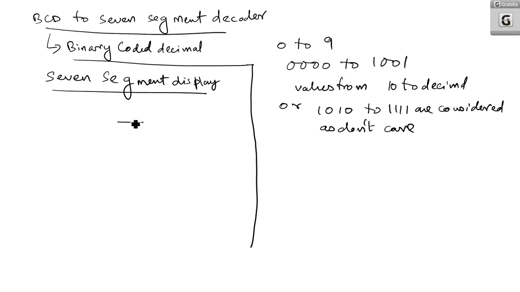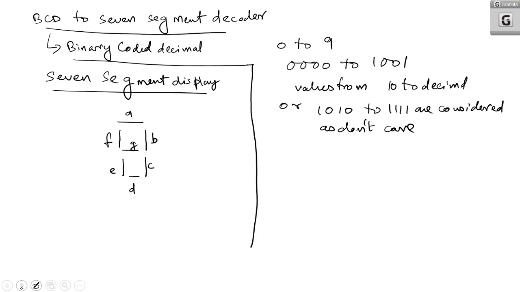I am drawing it like A. You can see it is in the form of an 8. I am naming each segment or LED as A, B, C, D, E, F, G. So this is basically the form of a 7-segment display that we can see in your calculators.